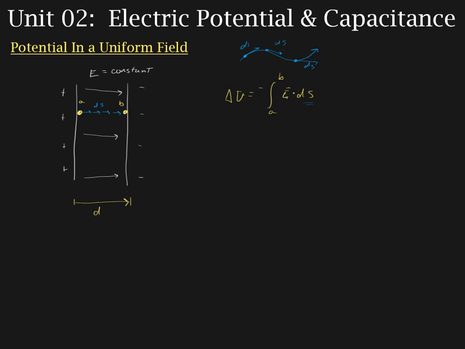Now, what you're doing with E dot ds is you're comparing the direction of the electric field with the path itself. And because E is everywhere parallel, you can get rid of the dot for the dot product.